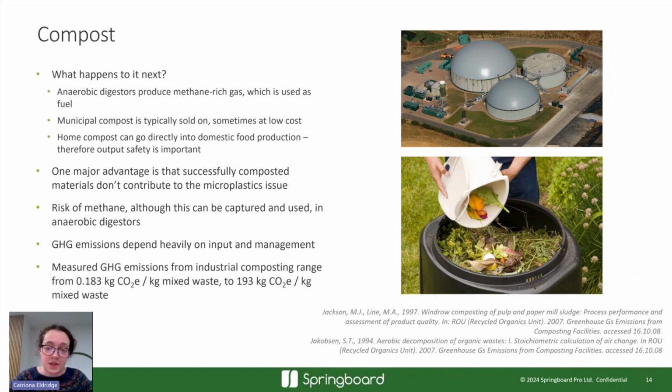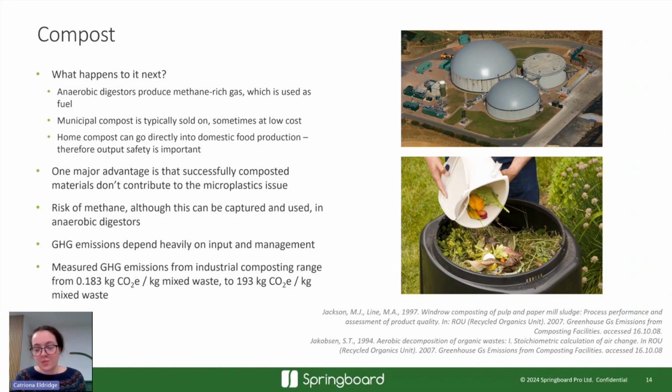But in, say, domestic or badly managed municipal composting, where it's more open air and you don't have sufficient supply of oxygen, you can have really significant methane outputs, basically. And this leads to a really, really broad range of CO2 equivalent for this waste processing. So you might have as low as 0.2 kilos of CO2 equivalent. You might have as high as nearly 200 kilos of CO2 equivalent, and that will be driven by anaerobic decay in the presence of methane.